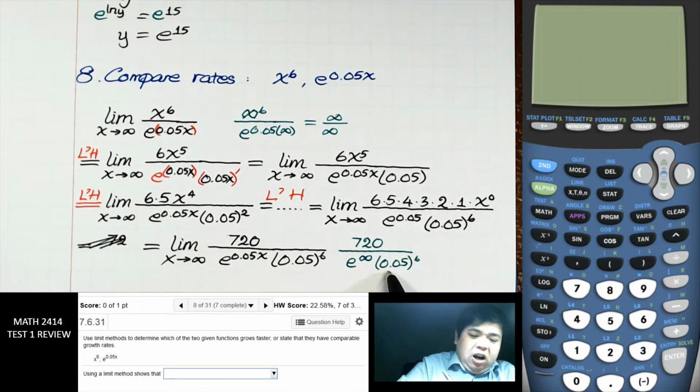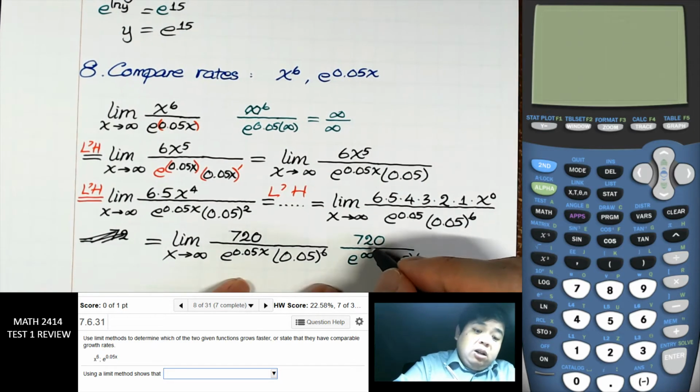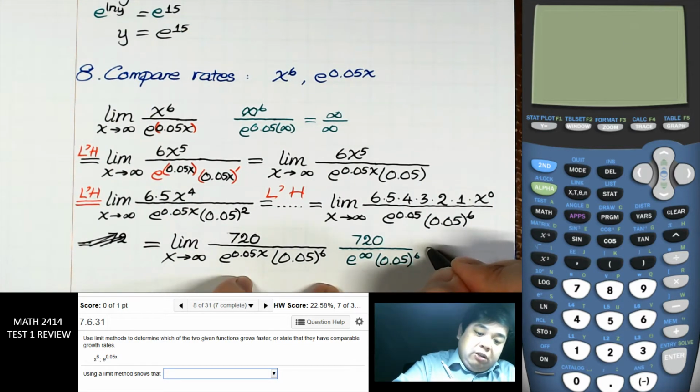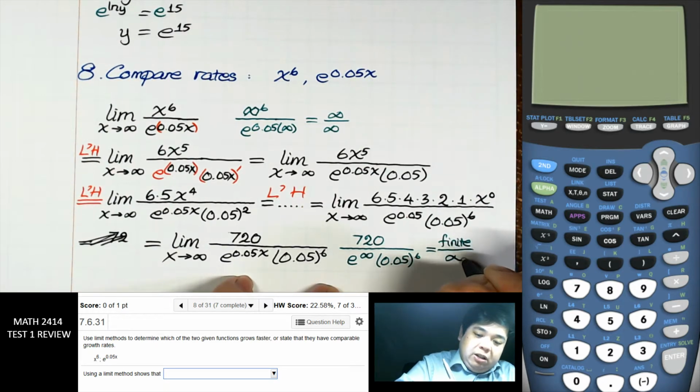Even though this is a very small number, that's still a constant. So what we have is a finite amount divided by infinity. That of course is going to be 0.